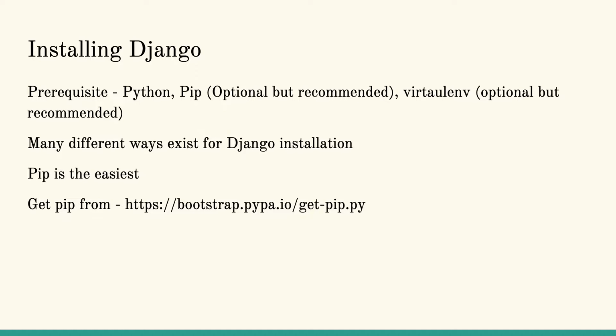Usually you do have pip installed in the latest versions of Python, and otherwise you can still get pip from this particular location, and then using Python, because it's a Python script file, you'll be able to install it as well. Virtualenv is also optional, but we highly recommend you have that installed as well.